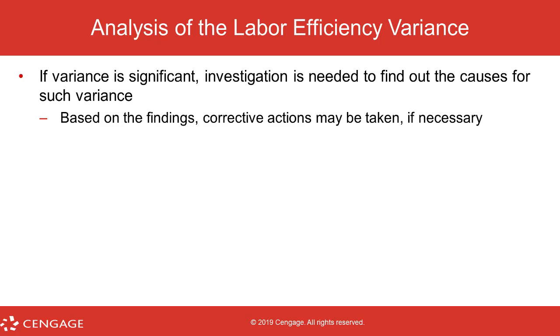Maybe they aren't following the proper quality control process as we just described before, and materials are being transferred to finished goods prematurely, and then we'll have a higher rate of return on the back end. So any type of labor efficiency variance that falls outside of the control range should be investigated, and then you could take necessary action based on the results of that investigation.